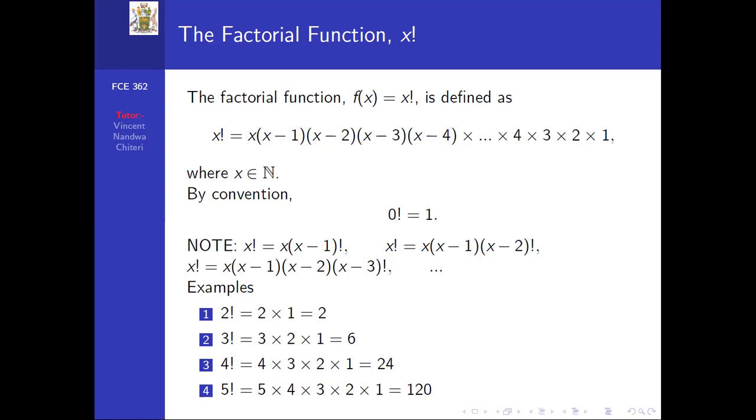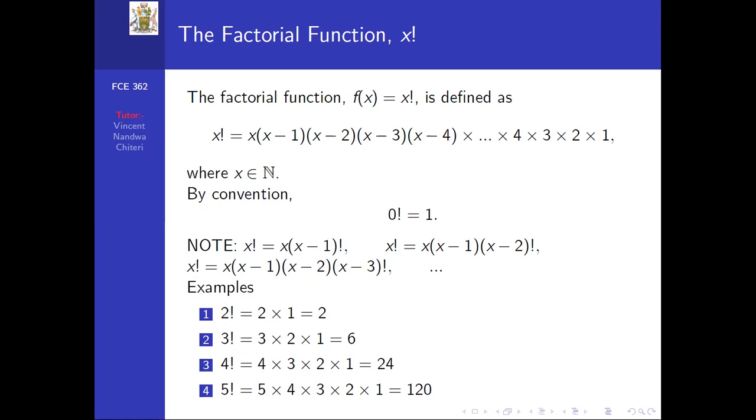It simply means that for any natural number, to define its factorial, you multiply that number by that number minus 1, and next you subtract 1, up to the point you reach 1. Now, by convention, we take 0 factorial to have a value 1.